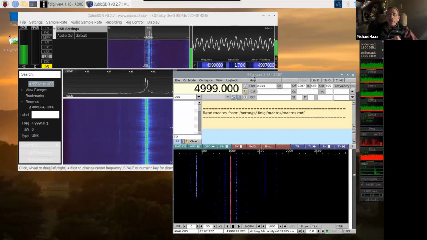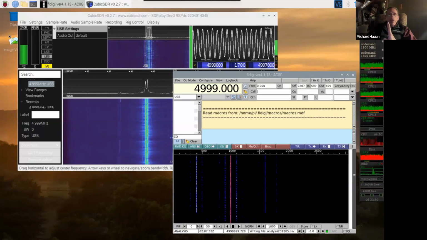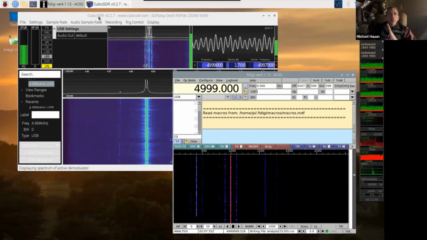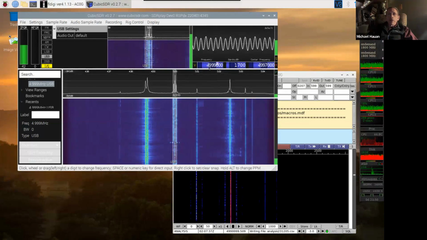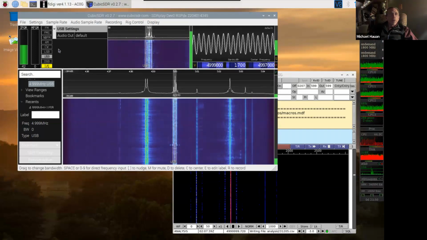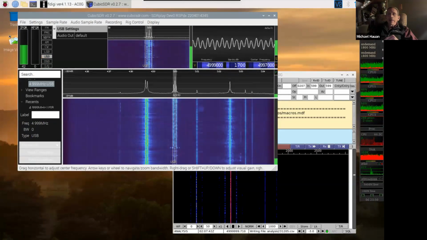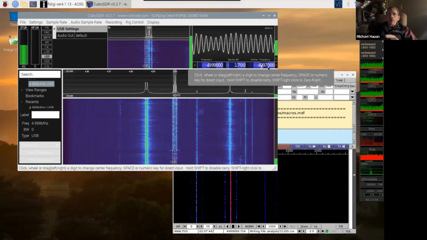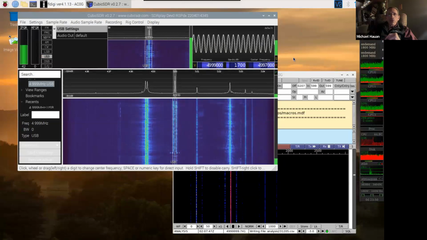This is his modified version of FLDigi that is listening 1 kilohertz down from 5 megahertz. And so that's what I have Cubic SDR tuned to with upper sideband, and I've got a little bit of offset for the center frequency, so I'm not screwing things up there.